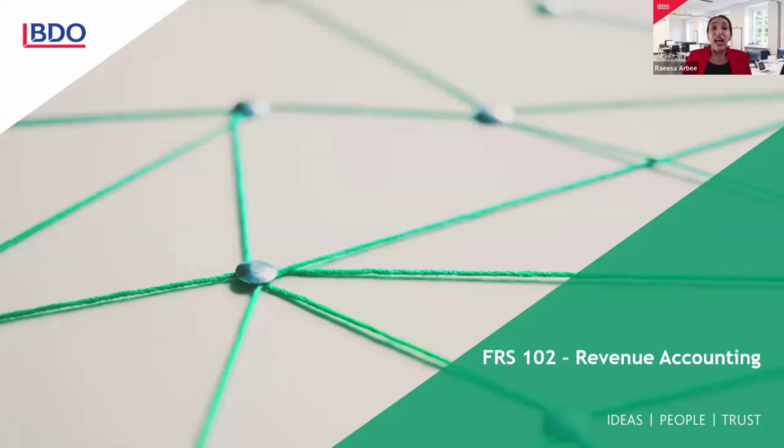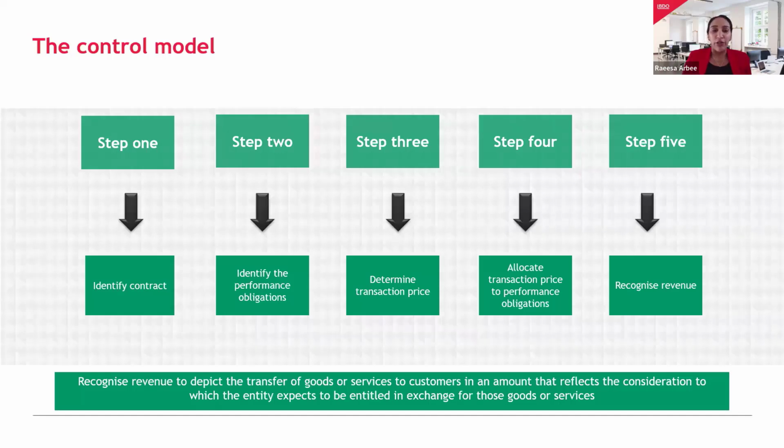So if we move to the next slide, we can see our new model. The revisions to Section 23 bring a more detailed approach to accounting for revenue using a 5-step model. It's largely converged with IFRS 15 and contains significantly more prescriptive and precise requirements in comparison with the previous Section 23.